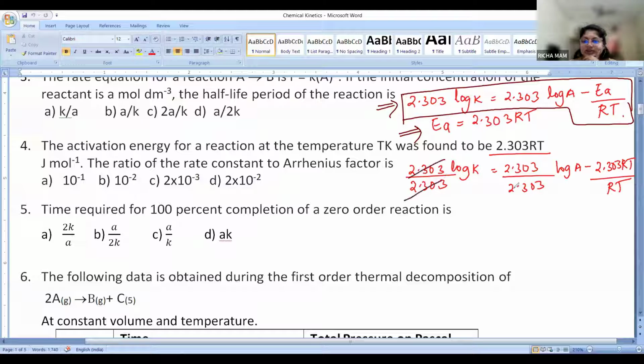RT and RT will get cancelled. What we are going to get, log of K is equal to log of A minus 2.303, right?